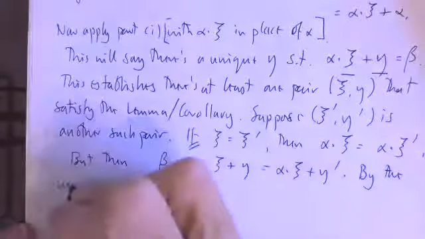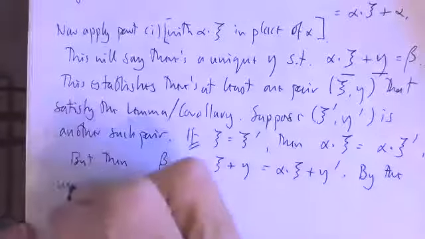Okay, so let's suppose they're different and one is less than the other. Suppose it's that way around. Xi plus 1 is then less than or equal to xi prime.